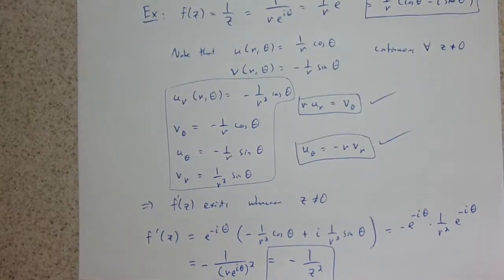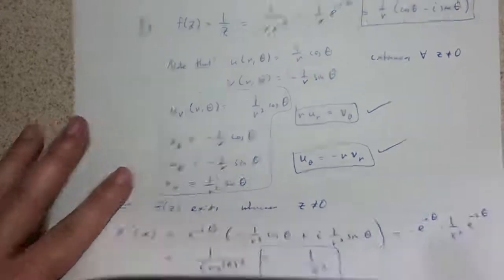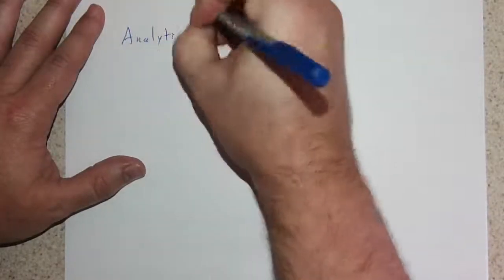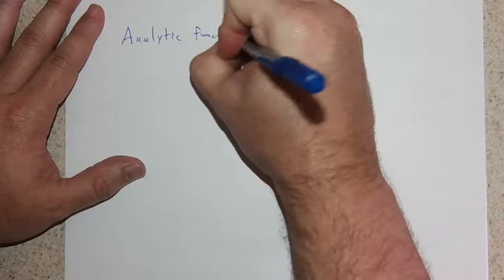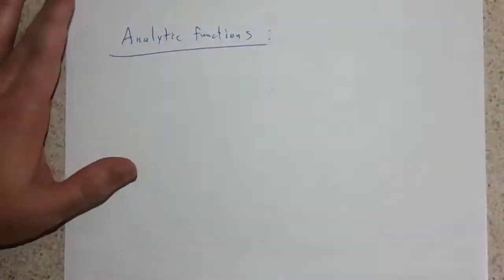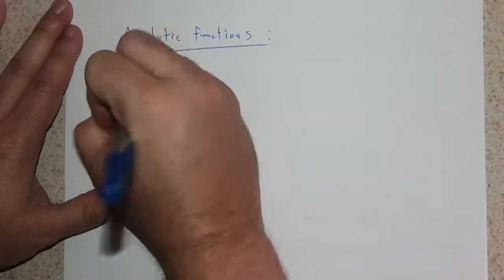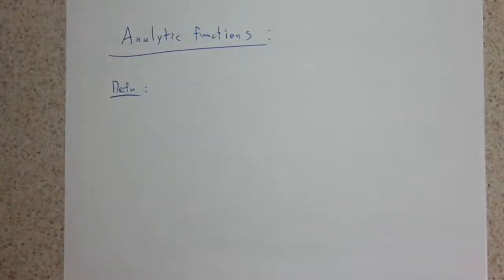All right, so now that you've seen an example of how to use that alternative condition for this thing, it's finally time to define an analytic function. So what is an analytic function? So definition. This is analytic function.